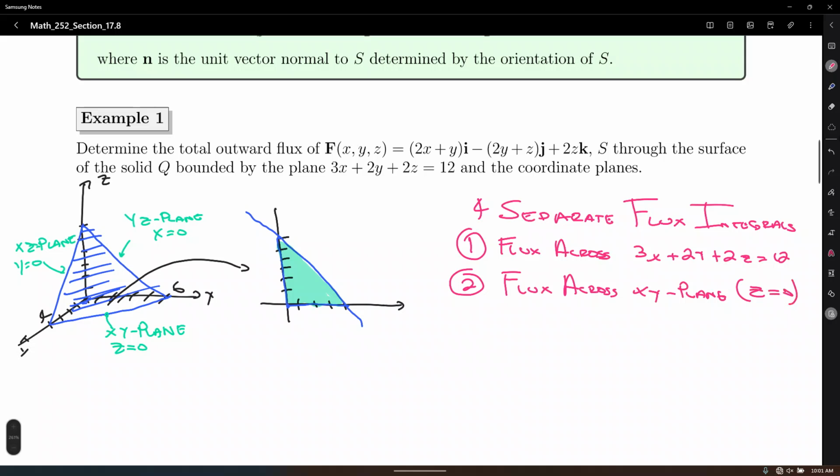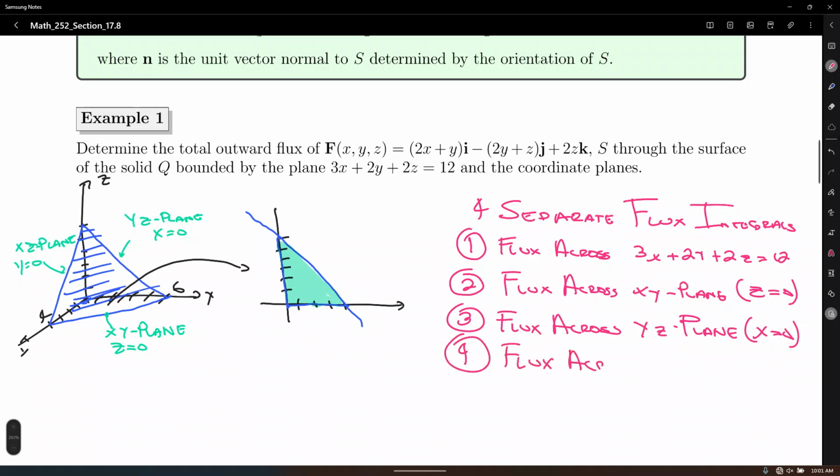What else would we need to do to find the total flux? 2 more. Number 3, the flux across the YZ plane, which is x equals 0, the wall x equals 0. And number 4, the flux across the XZ plane, which is y equals 0.